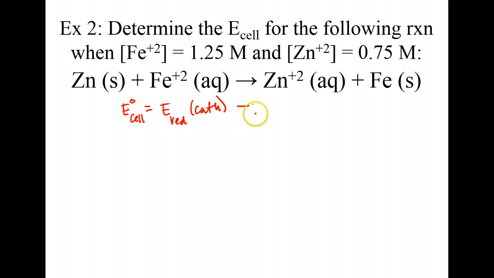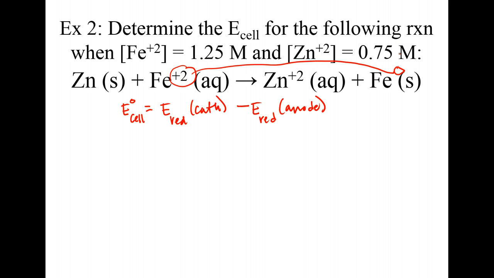We've heard this a lot today, shows up in a lot of places, minus the reduction potential for the anode. And looking at this reaction, I can see that iron is going from a +2 charge down to a 0, and so it is being reduced.